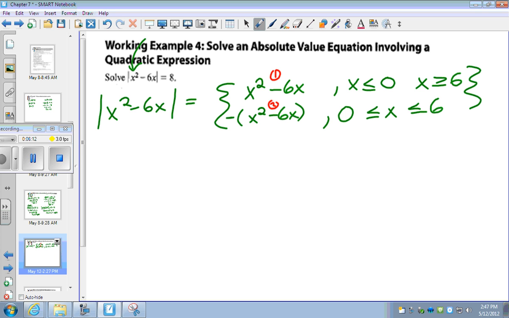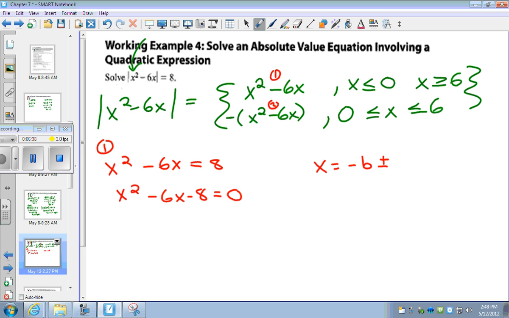Case number 1 is x squared minus 6x is equal to 8, solving for 0. Are there two numbers that multiply to be negative 8 and add to be negative 6? Not any that I can think of, so I'm going to use the quadratic formula. x is equal to negative b plus or minus the square root of b squared minus 4ac, all divided by 2a.